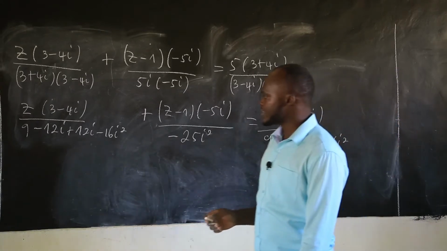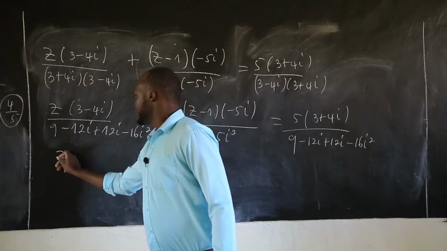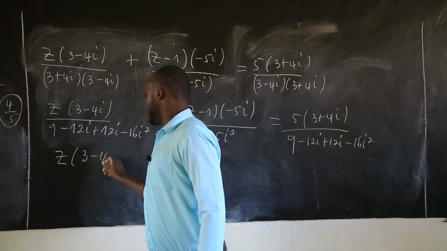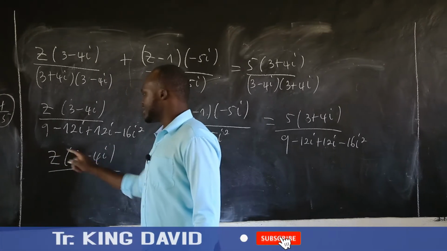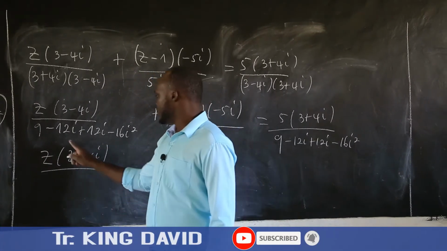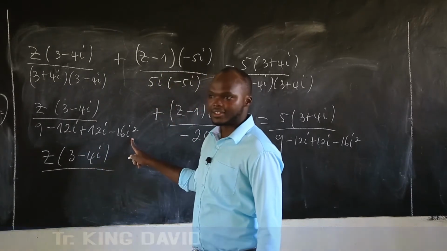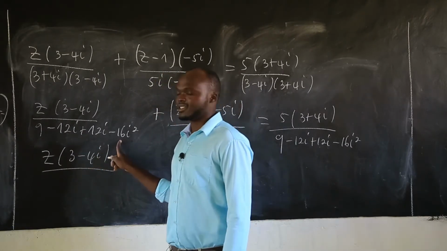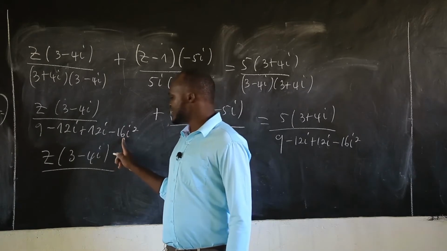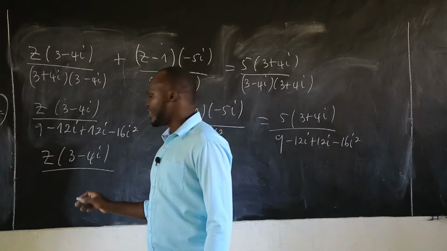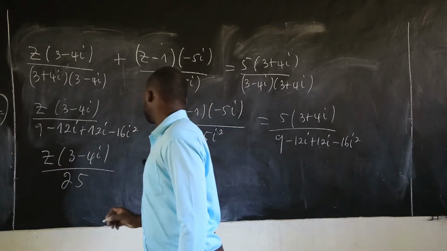So what is the final answer? That is Z times 3 minus 4i divided by, this is 9, negative 12 plus 12 is 0. i squared is negative 1. Negative 1 times negative 16 is positive 16. Positive 16 plus 9 is 25.